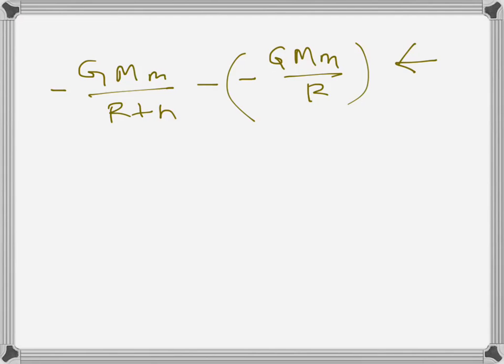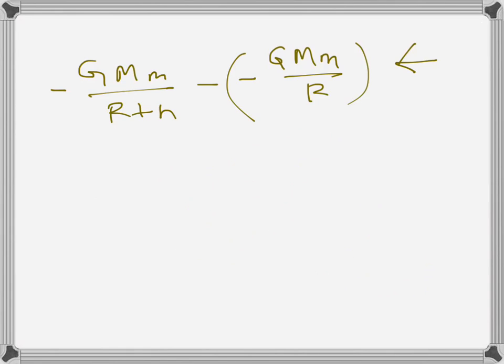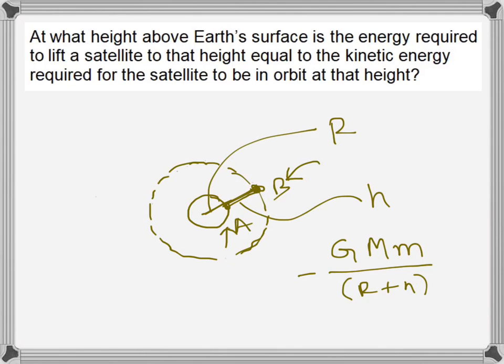And now let's find the kinetic energy of the satellite when it is orbiting around the Earth. We know that kinetic energy is half mv squared, but what is the value of v? We can find v because when the satellite is orbiting around the Earth, it experiences a centripetal force, and that centripetal force is given by the gravitational force due to Earth.